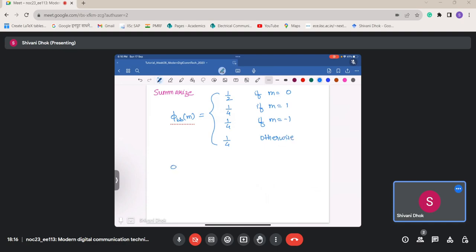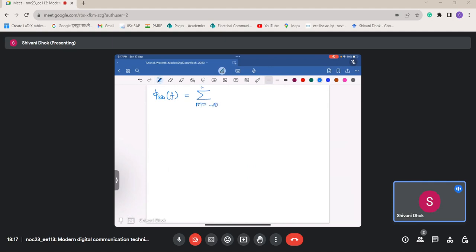So I can write it as phi BB of M is equal to 1 by 2 if M equal to 0, and it is equal to 1 by 4 if M not equal to 0. So this is what we are having here, and now what we need to do is we need to find phi BB of f, which is simply summation M running from minus infinity to infinity phi BB of M into e power minus j 2 pi f m t.